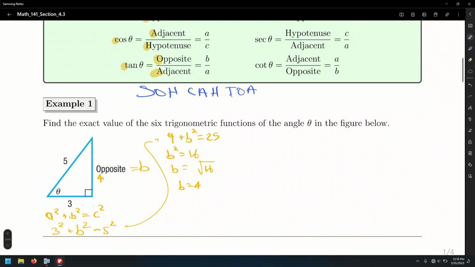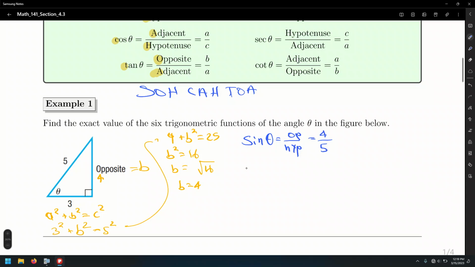All right, let's do SOHCAHTOA. Sine theta is the opposite over the hypotenuse. The opposite side whose length equals 4 divided by the hypotenuse, which equals 5. That's it. Let's find out what cosine is.